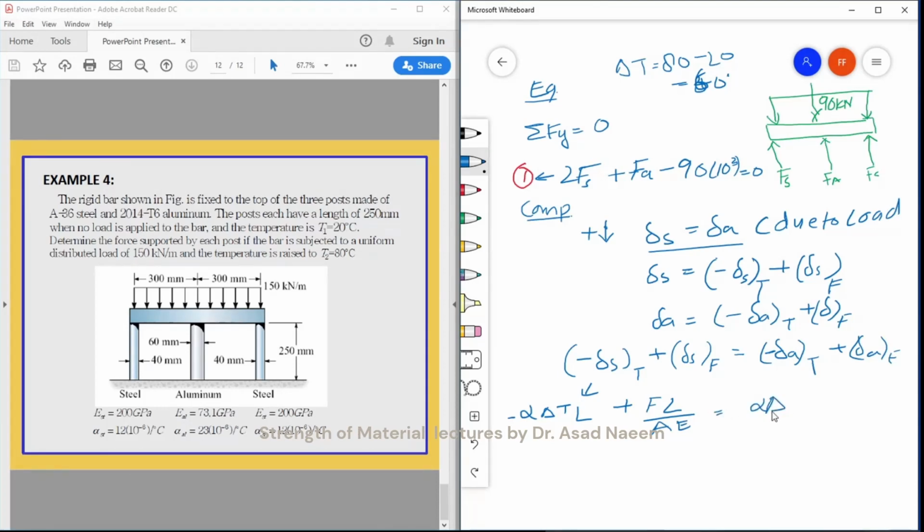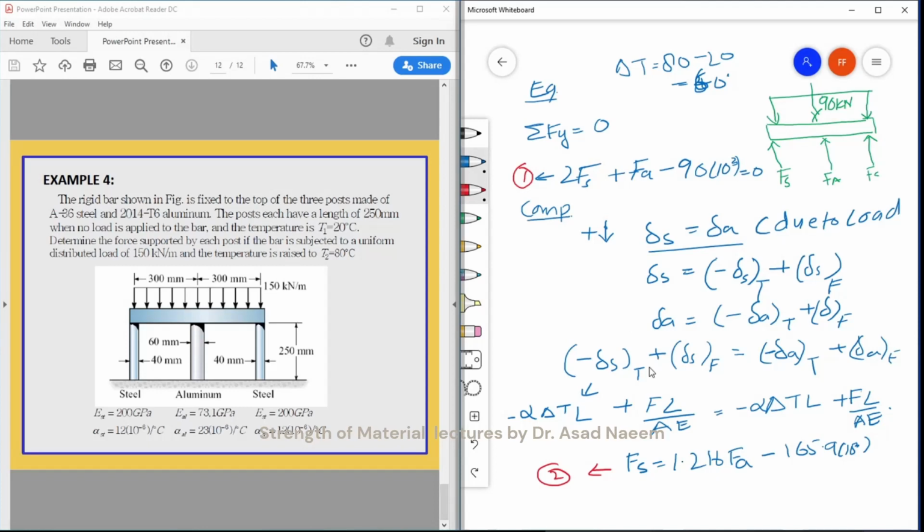Similarly for aluminium. So after putting all the values, Young modulus, thermal expansion coefficient for aluminium, for steel, we can have another equation which is F_S equal to 1.216 F aluminium minus 165.9 kilonewtons. So this is our second equation.